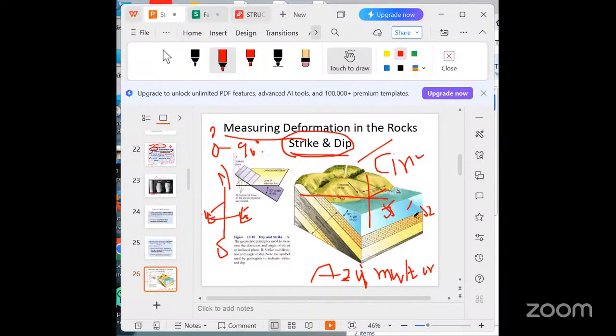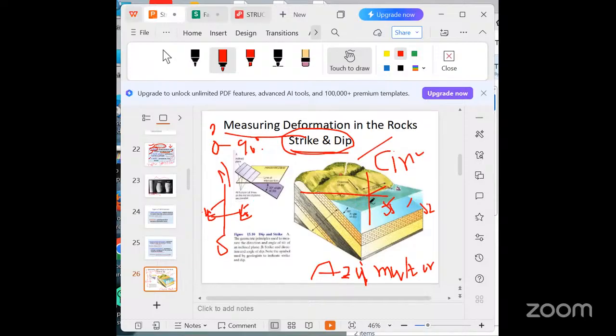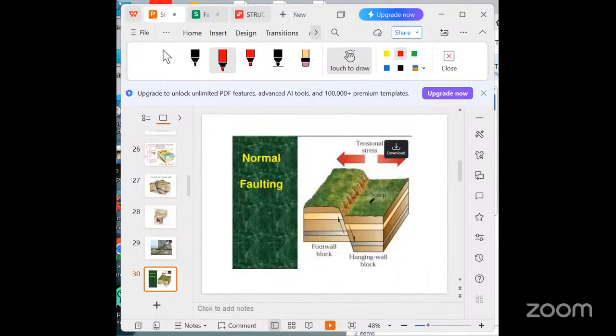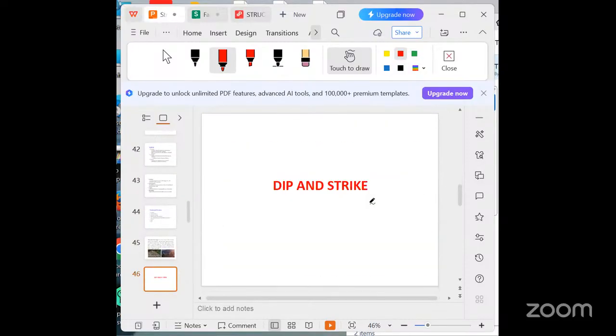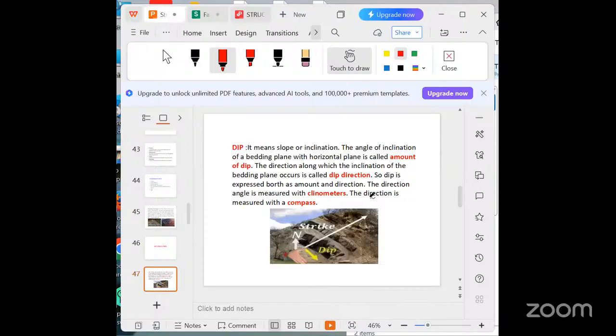The first line is called strike, and the second line is called dip, right? You see here, this is called strike. This is the rock structure.